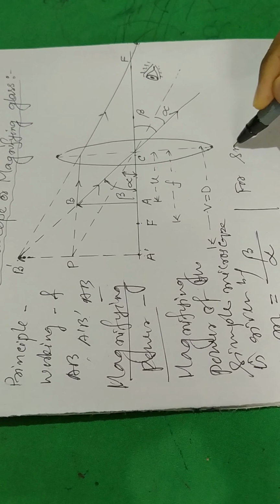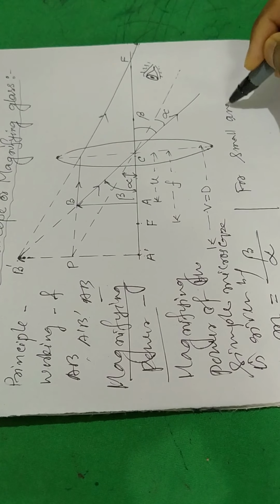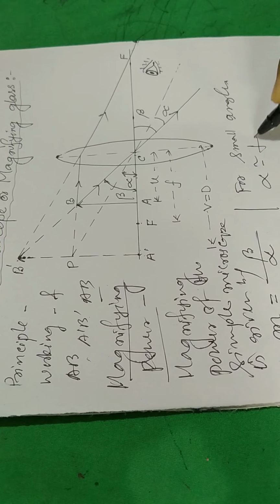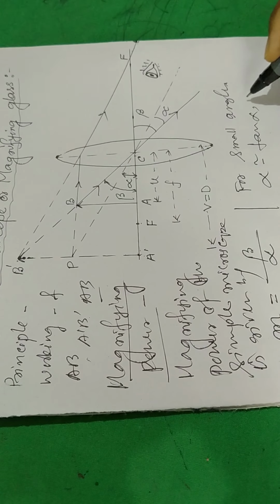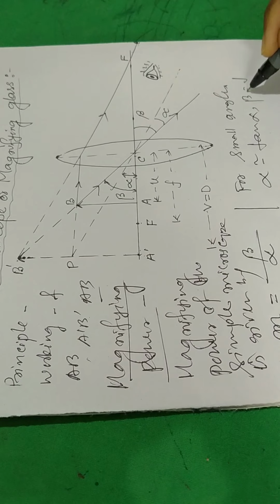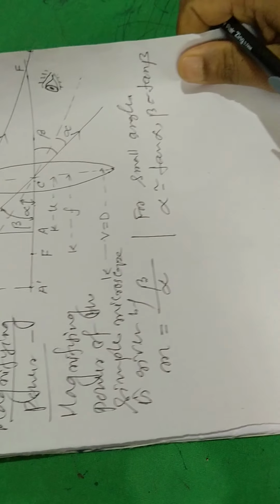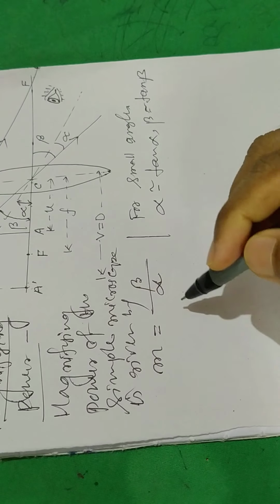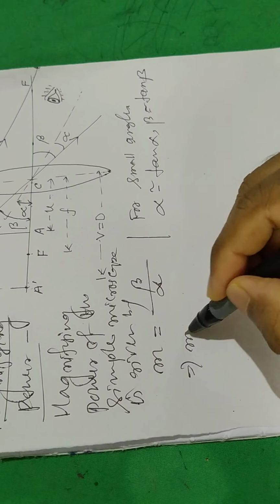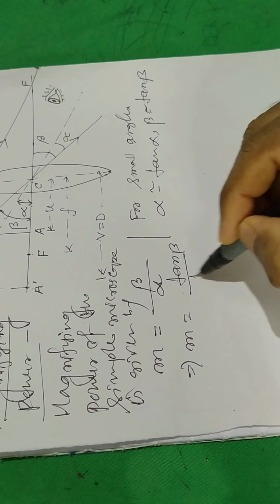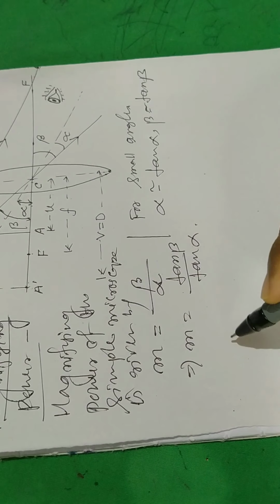For small angles, alpha is approximately tan alpha and beta is approximately tan beta. Since alpha and beta are very small, we can write beta equal to tan beta and alpha equal to tan alpha.